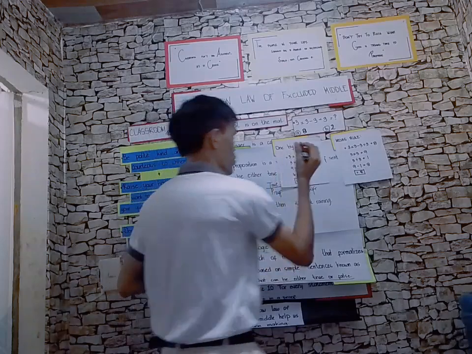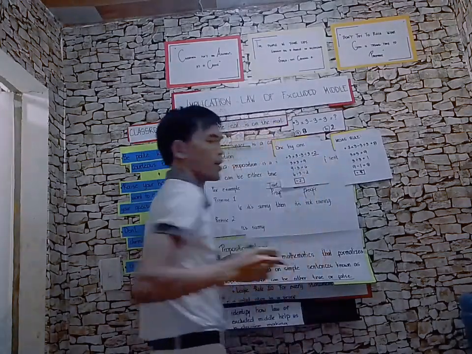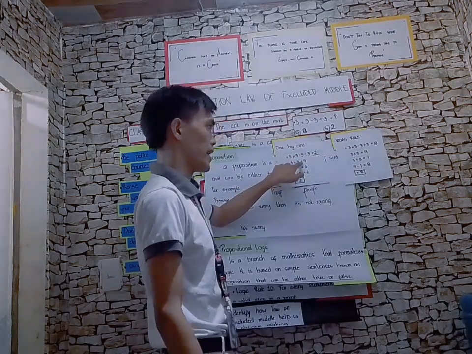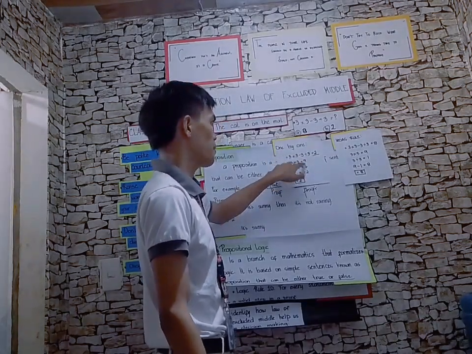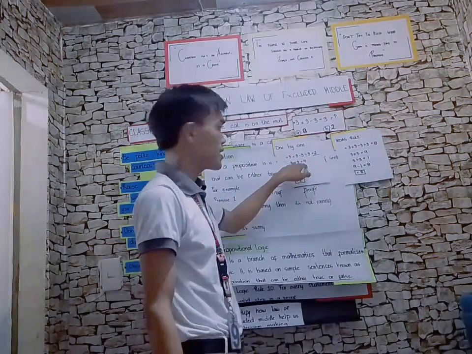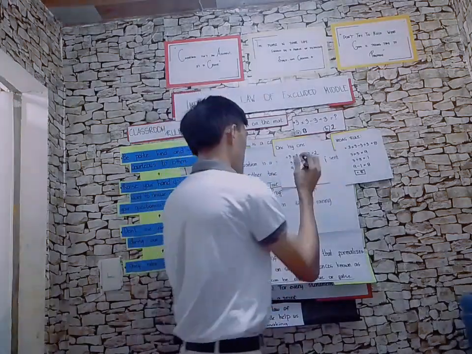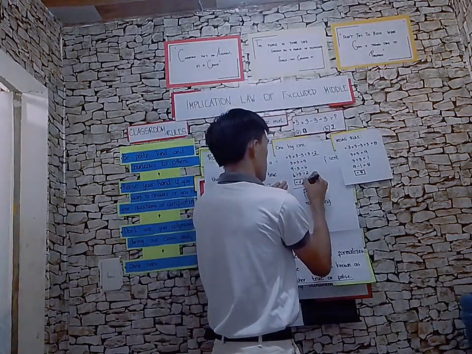The answer is 2. Why? One by one: 3 times 3 is 9. 9 minus 3 is 6. 6 divided by 3 is 2. So that's why we have the answer 2.